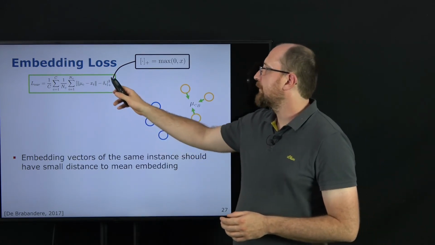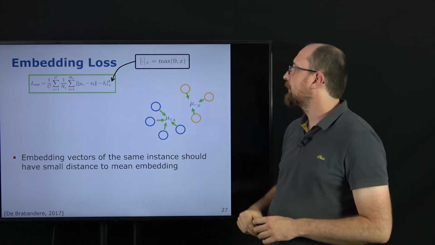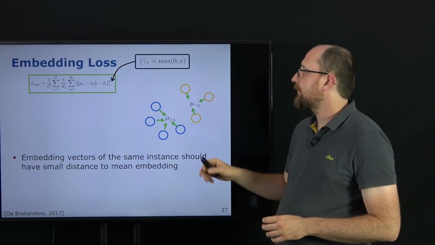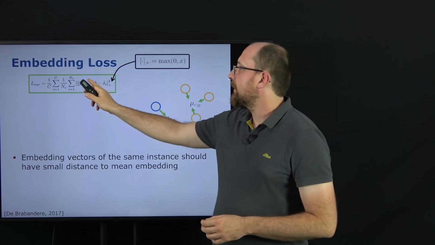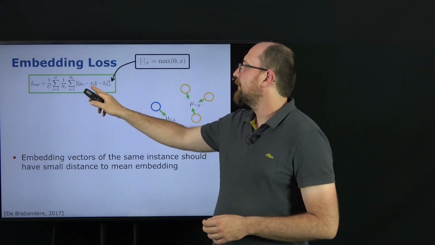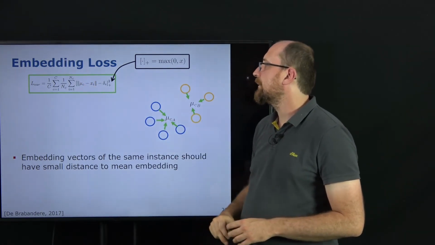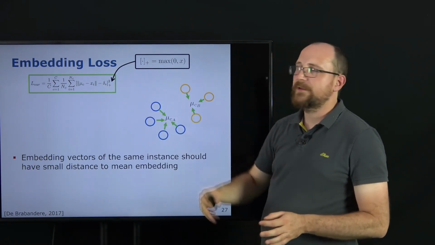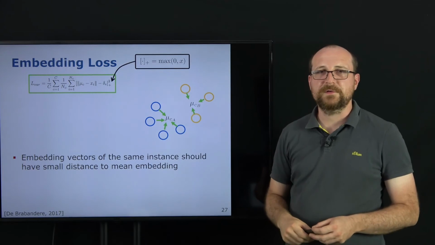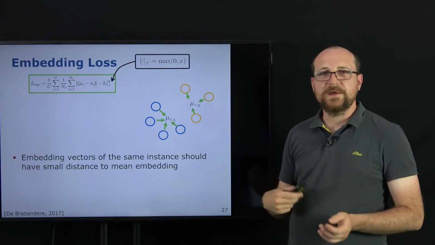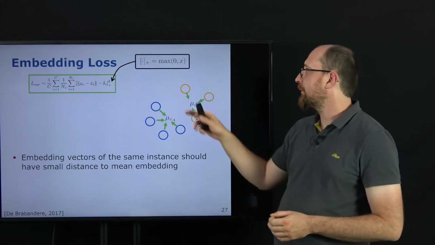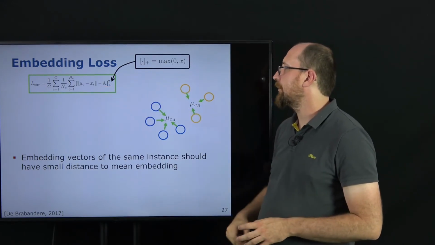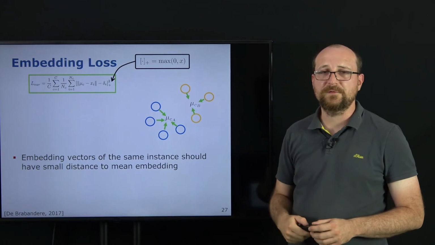For this, they use this hinge loss, such that as long as the distance from these individual vectors to the mean is smaller than delta_v, we don't care exactly where the embedding vectors lie. So we don't want to necessarily drive them to 0, but we want them to be below delta_v. So this term is taken care of.